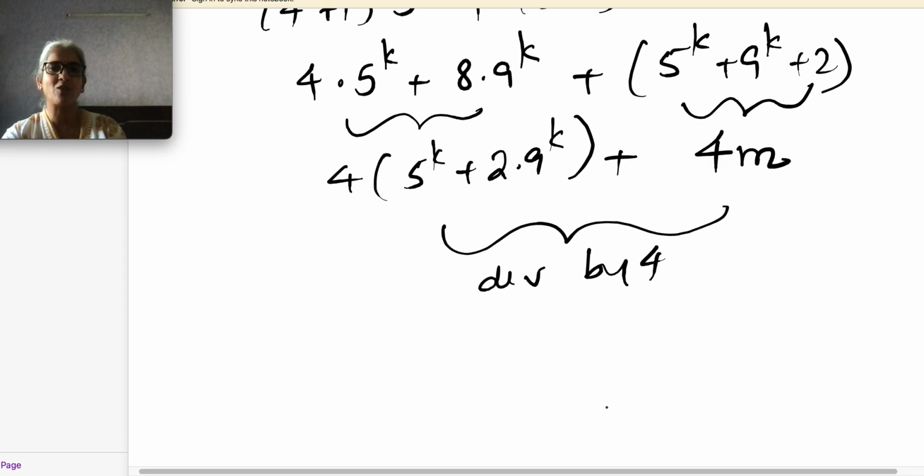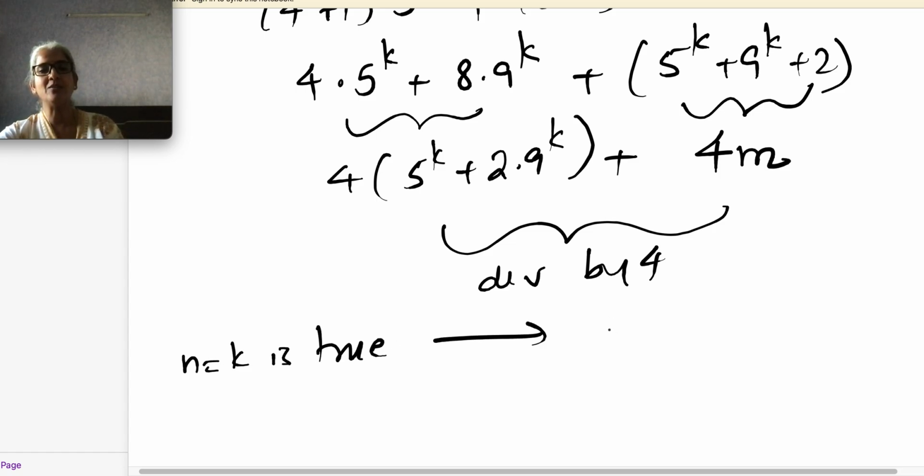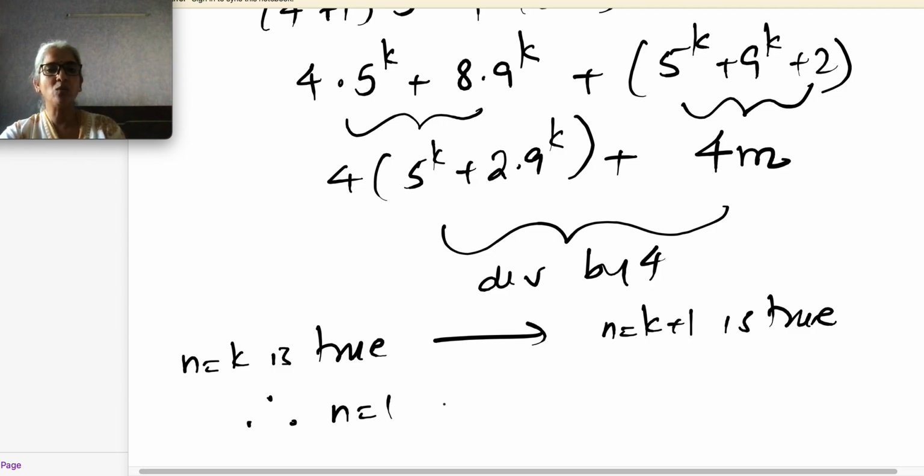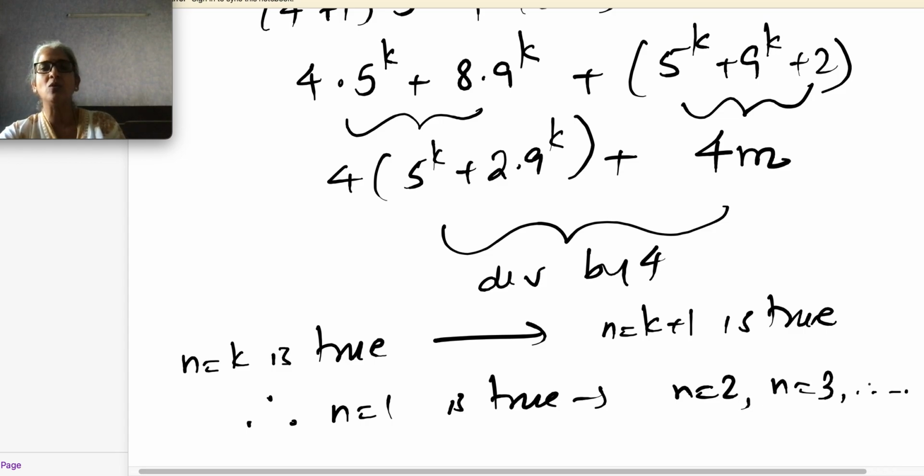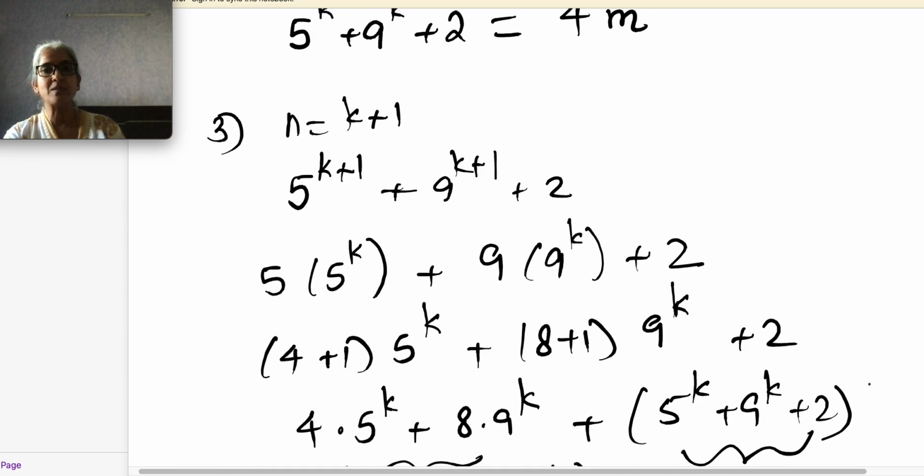So essentially what we established is n equal to k is true has led to the fact that n equal to k plus 1 is true with respect to, of course, the statement. Therefore n equal to 1 is true will lead to n equal to 2 is true, n equal to 3 is true, and so on. So for all positive integers, the statement that 5 raised to n plus 9 raised to n plus 2 is divisible by 4 is true. Again, let's go back and look at the steps.